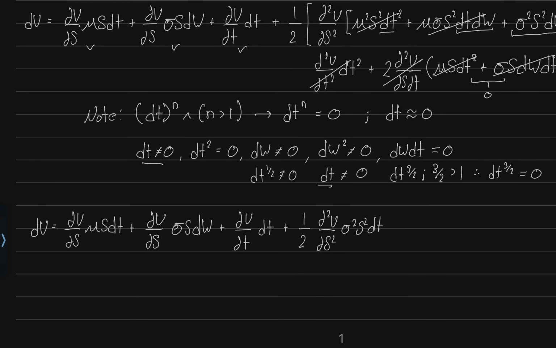Cool, so this is a far simpler differential equation. Still a stochastic differential equation, or stochastic partial differential equation, because we have this stochastic term of the Wiener process or Brownian motion right there.